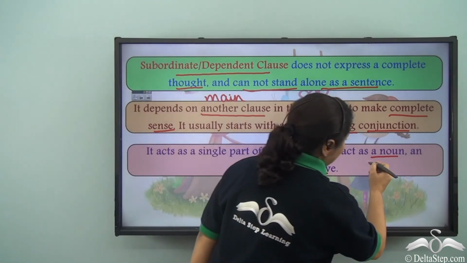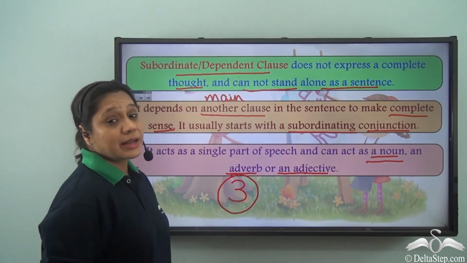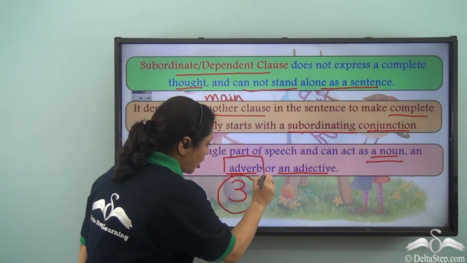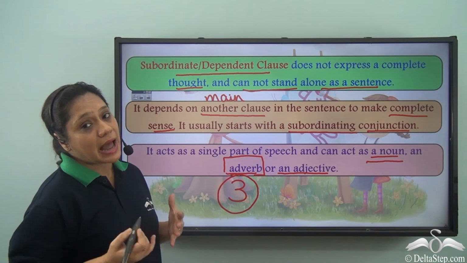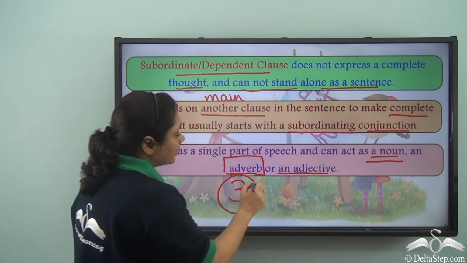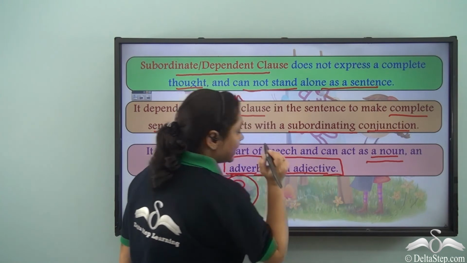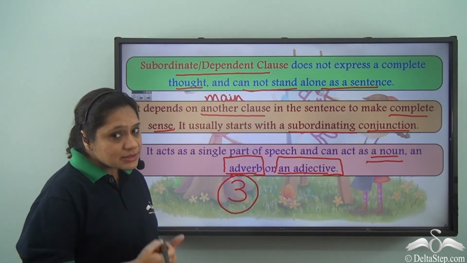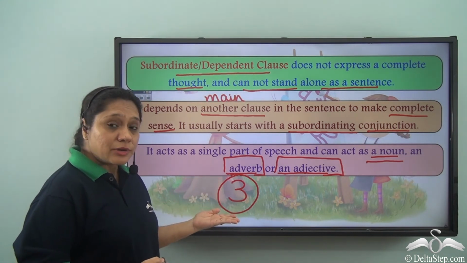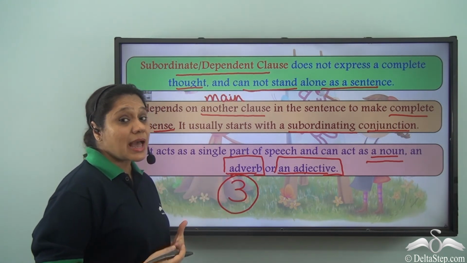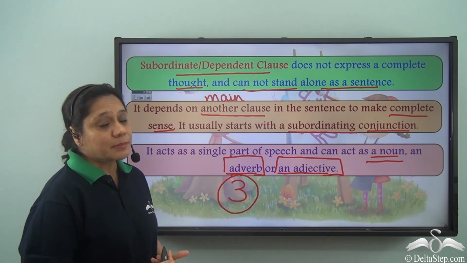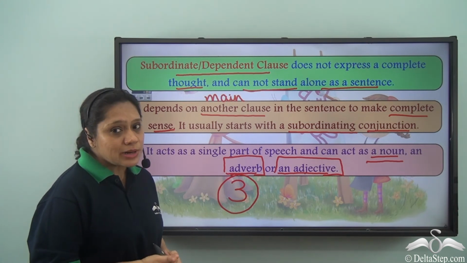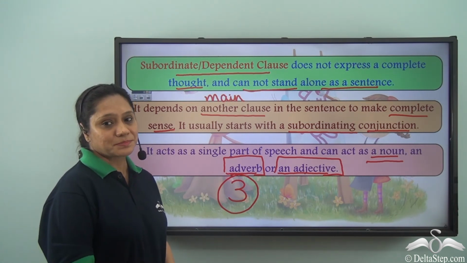So, it can be a noun clause if it does the role of a noun in a sentence, or an adverb clause if it does the role of an adverb in a sentence, and it can also be an adjective clause if it does the work of an adjective in the sentence. Now that you have learned what are dependent clauses and independent clauses, and that there are three kinds of dependent clauses, we shall soon learn about them in detail.